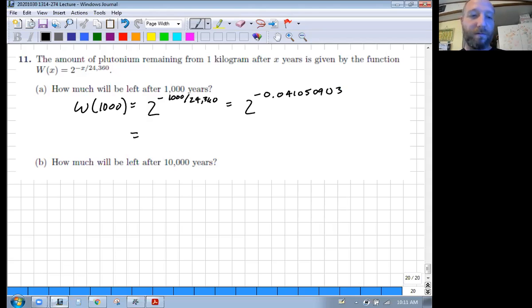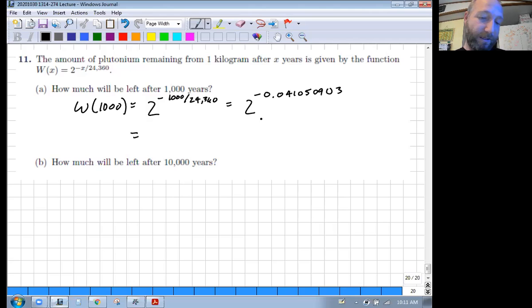So now I take 2 to the, let's see if I can get this in. Actually, I'm going to use a different program. I can't get this into my calculator. I don't know how to do a negative exponent, because when I do the 2 to the, and then hit the negative, it changes my 'to the' to a negative.